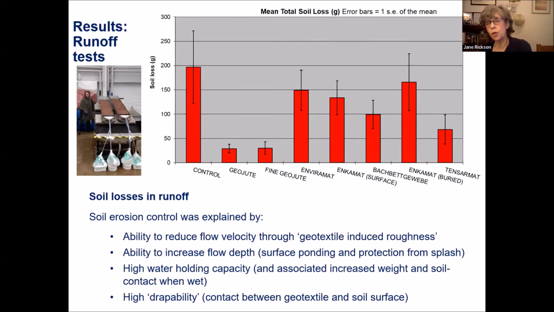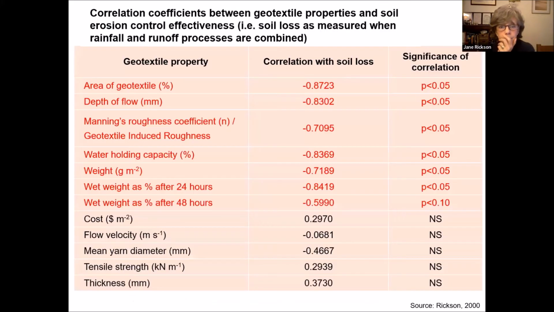Not so much that it stopped the runoff, but it made the product very heavy, which means you had very good contact between the product and the soil, which then also led to this high drapeability or huggability, as somebody called it once, which I thought was rather sweet. Huggability, the ability of the product to hug the soil surface, was also very important to explain performance.